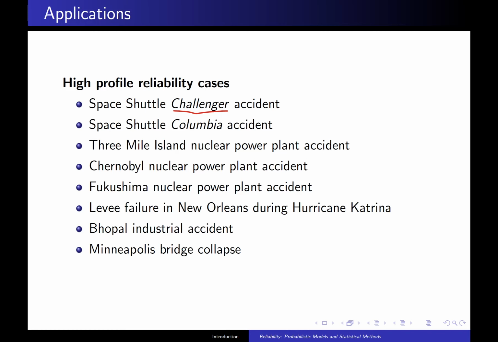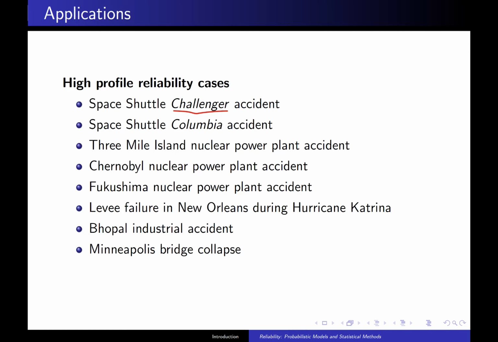They also discovered that the launch temperature was very cold on the morning that the Challenger was to lift off, and they determined that those cold temperatures were in large part responsible for the failure of the O-rings, which resulted in the explosion of the Challenger on takeoff.